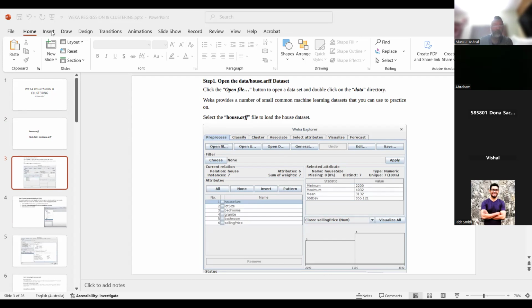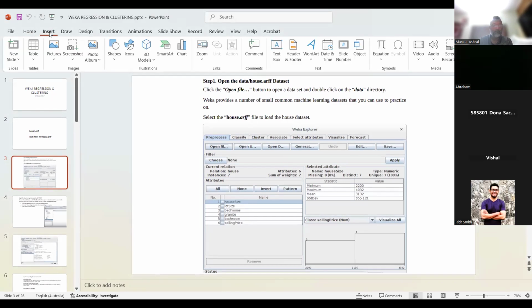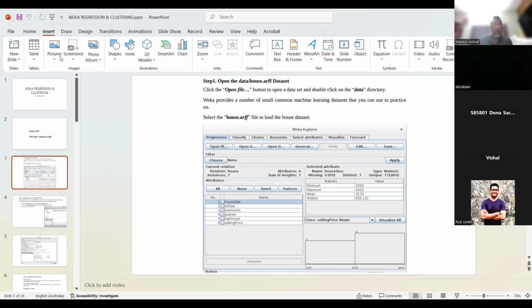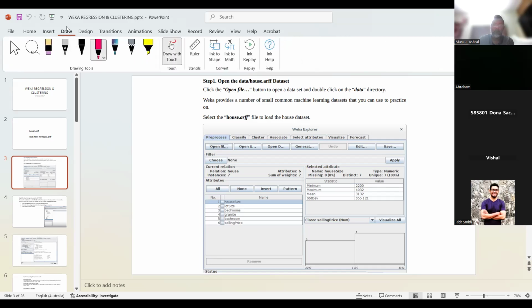Okay, so this is the file. When we load it, we can see these parameters.